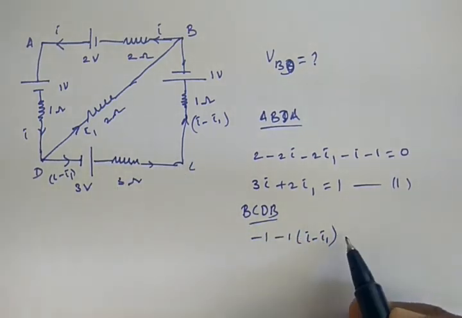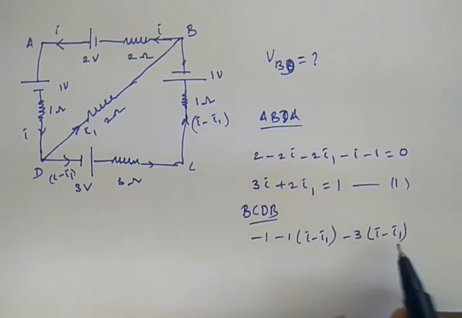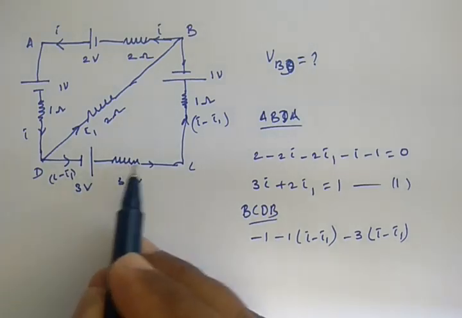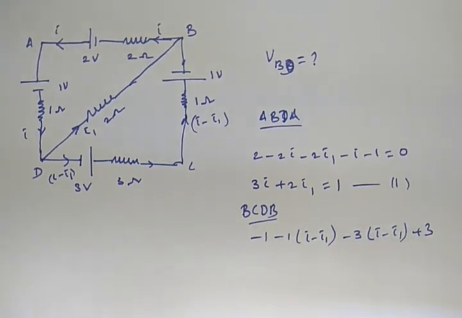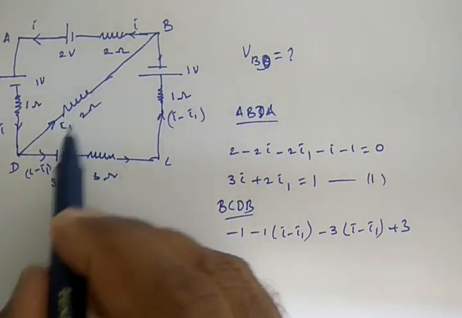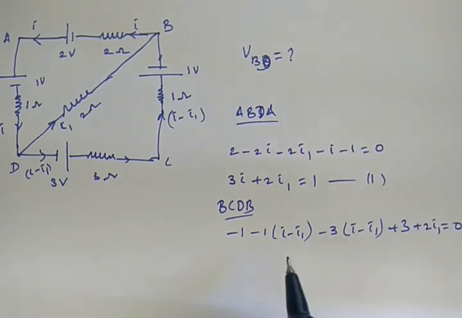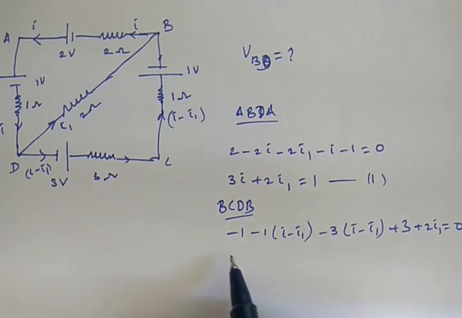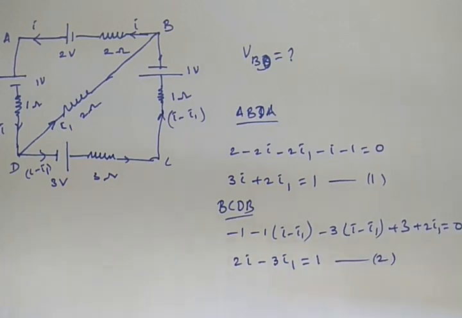The voltage across this one is minus 3 into I minus I1, because I minus I1 is the current going through this, and here you get plus 3, and now here you get plus 2I1 plus 2I1 equals 0. So once you simplify this, you get 2I minus 3I1 equals 1. So let us take this as equation 2.